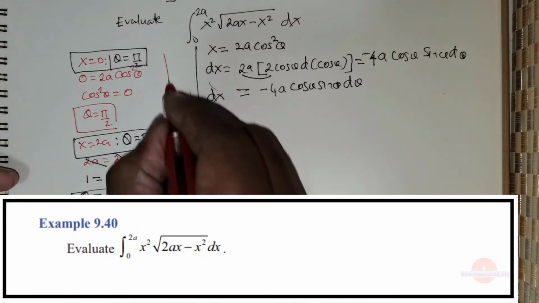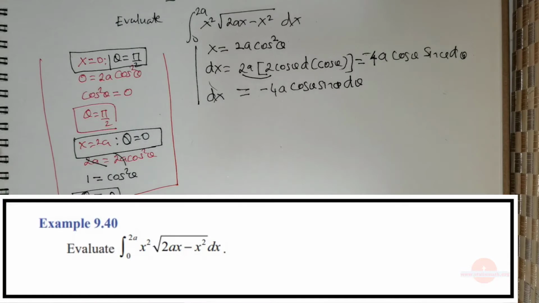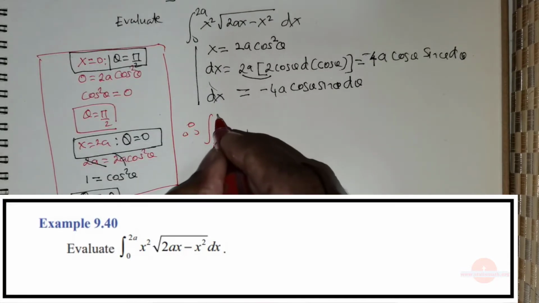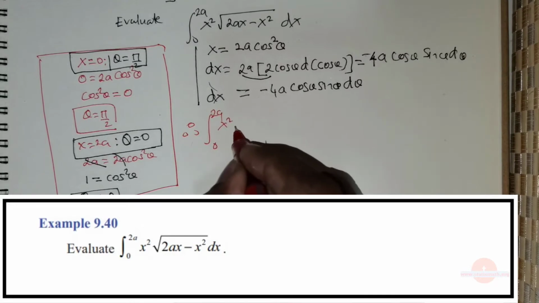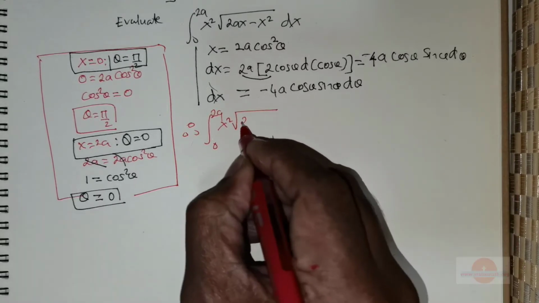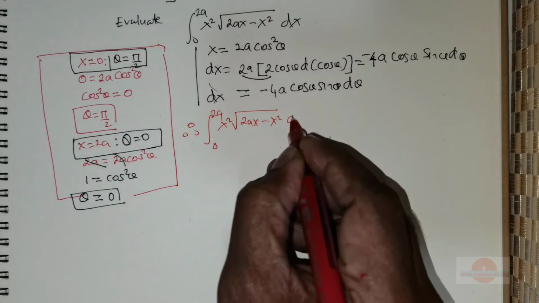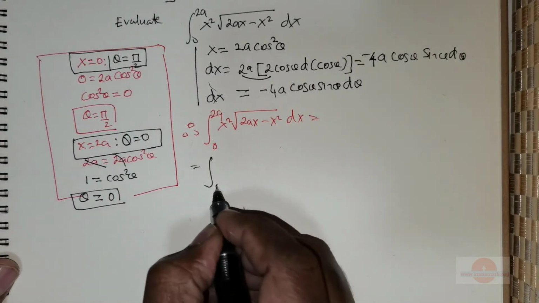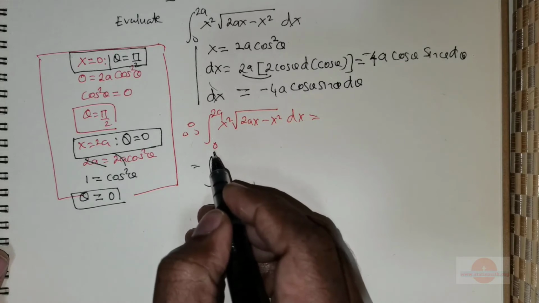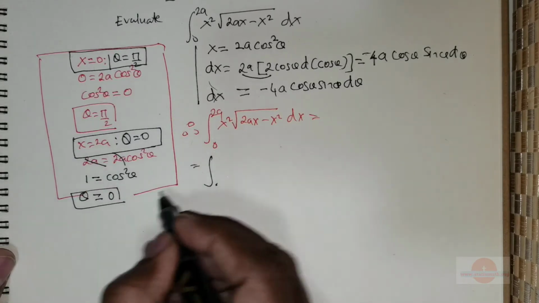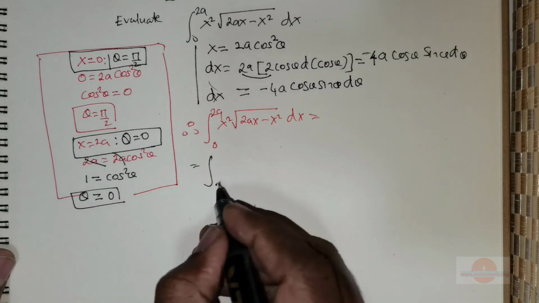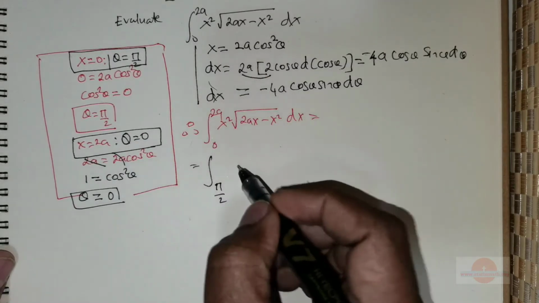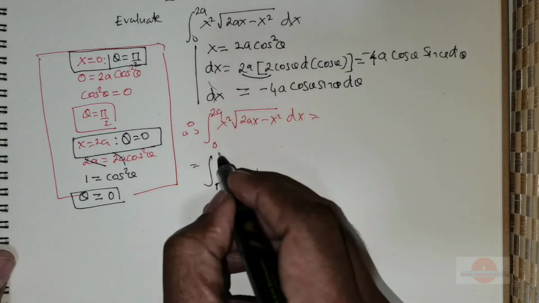So therefore the integral from 0 to 2a of x squared times the square root of (2ax − x squared) dx can now be rewritten as an integral where, in the place of 0, when x is equal to 0 you got pi over 2, and when x is equal to 2a you got theta equal to 0.